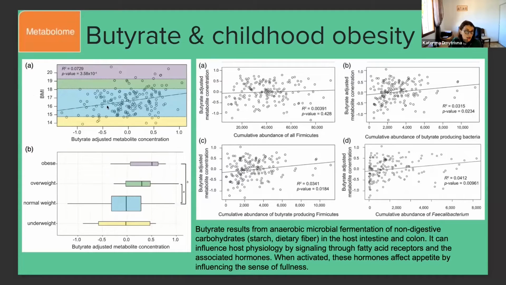So there was a positive association between butyrate and body mass index. And we also found that children who were obese or overweight had a higher butyrate metabolic concentration.